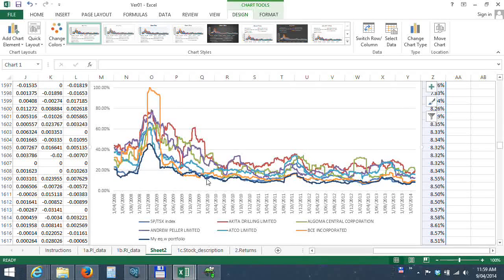This is something you can investigate, to see why the standard deviation was particularly higher for Algoma Central Corporation in February 2013, for example. Why did volatility or riskiness increase on Algoma Steel again in 2011? This analysis allows you to concentrate and decide what events prompted that stock to be perceived as a more risky investment by investors on the stock exchange.